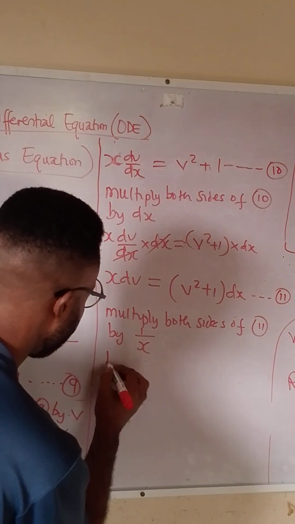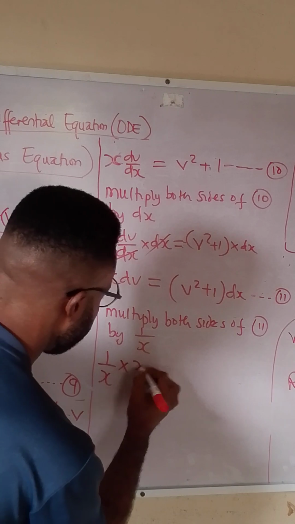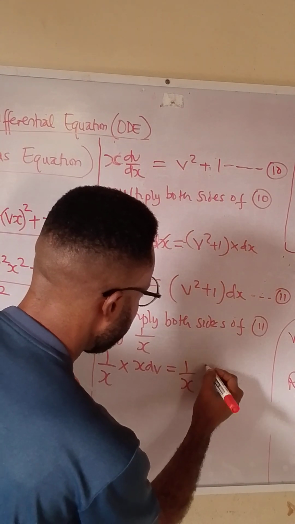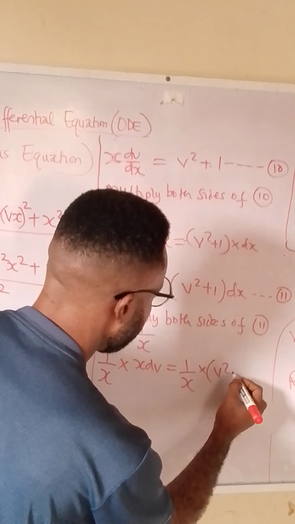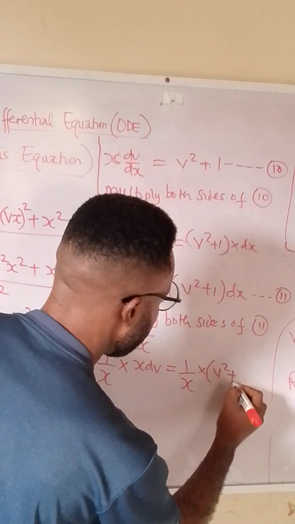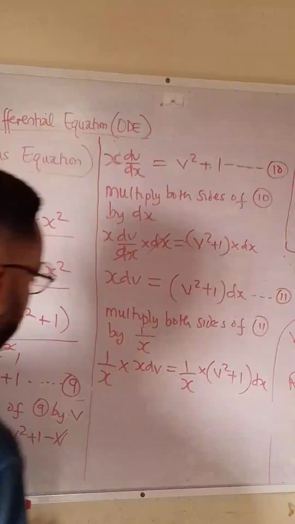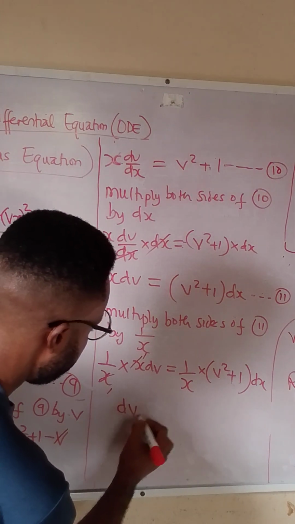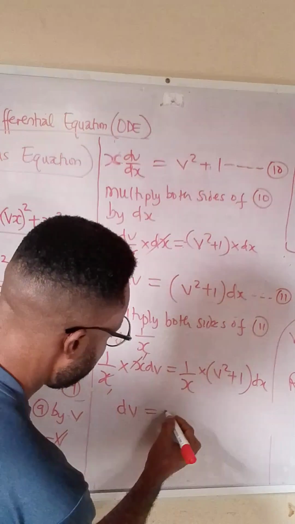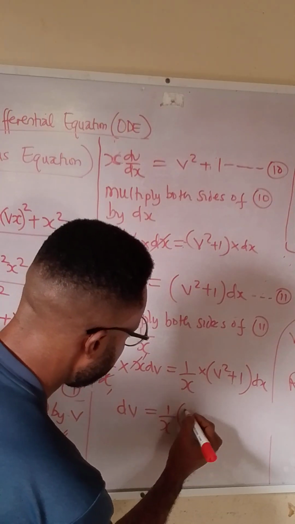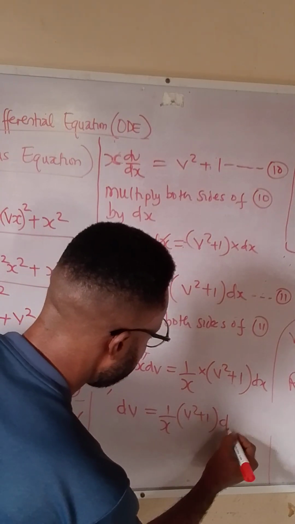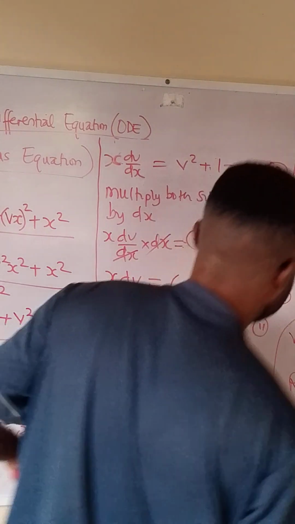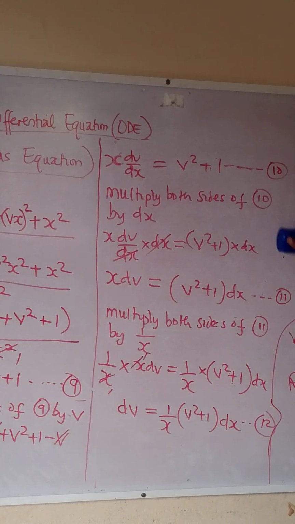So we have 1 over x times, for the left hand side, x dv equal to, for the right hand side we have 1 over x times v squared plus 1 dx. So we can cancel out x here, and so we have dv equal to 1 over x times v squared plus 1 dx. We can call this equation 12. And so we move on with our solution.